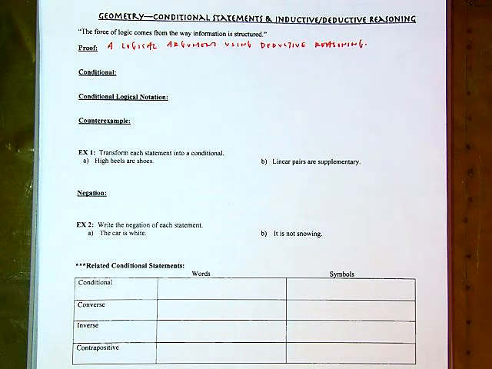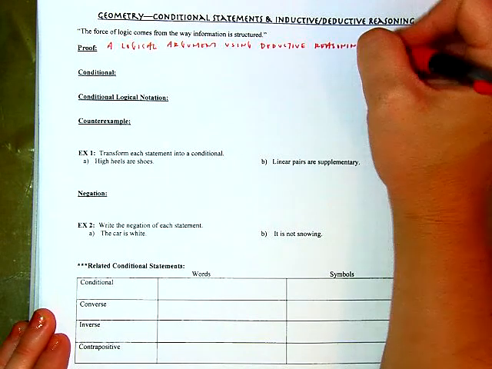So when we justify our statements, we cite information that we already know as fact. We cite properties, we cite definitions, we cite postulates. And once we've proven a theorem, we can use it in our new proofs. Okay, so I'm going to add that.